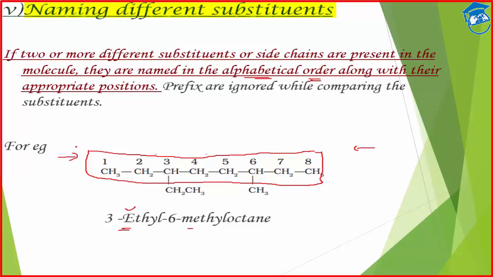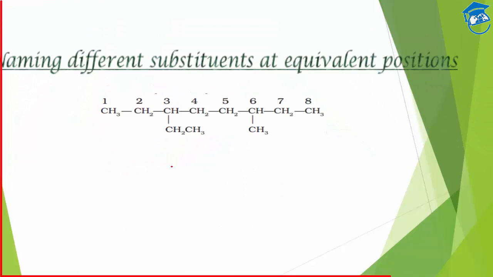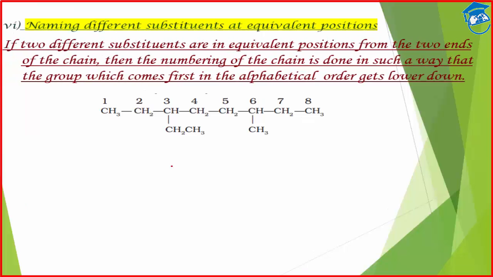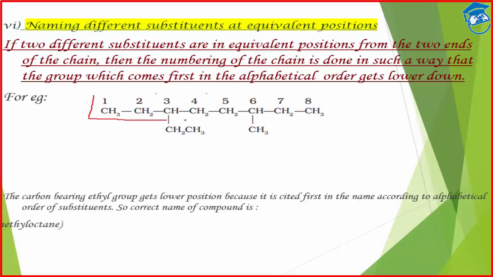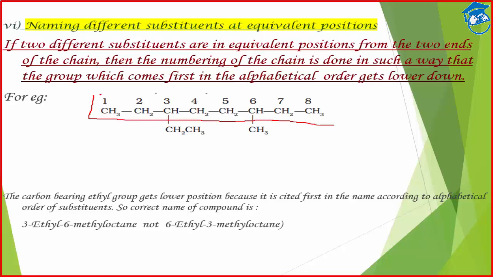Why did we proceed from the left side, why not from the right side? In this example, the substituents have got equivalent positions. This is at position 3, and if we proceed from here, this will get 6.